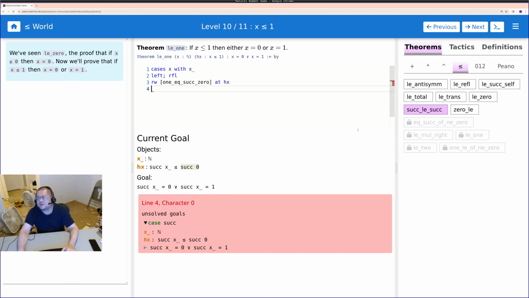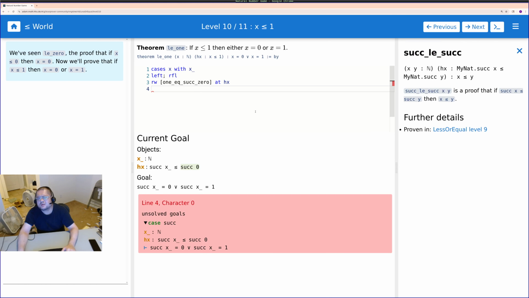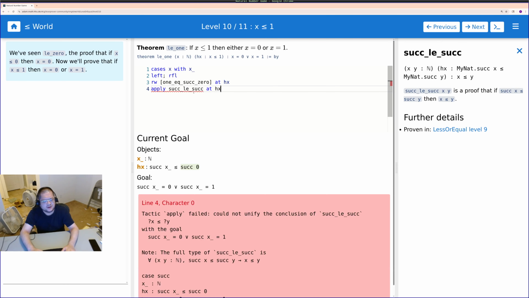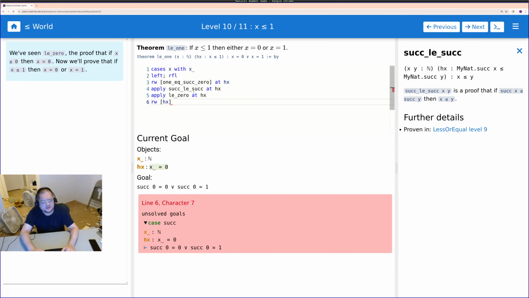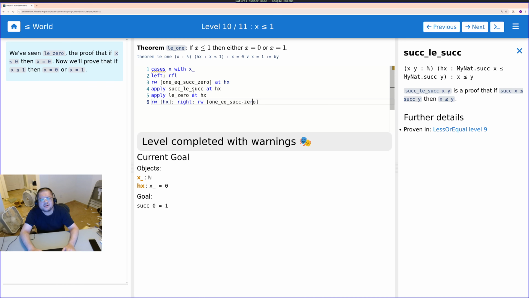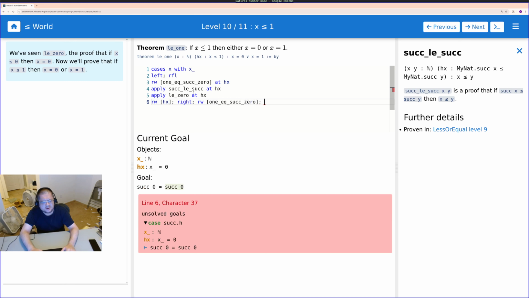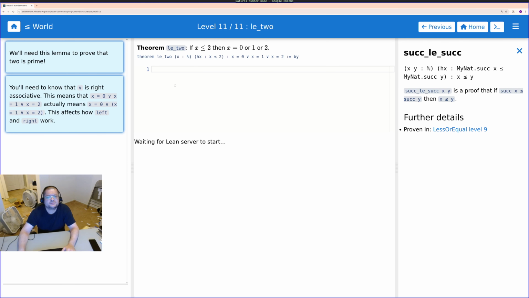And there's some lemma here. I think this is exactly it. Apply successor less successor hx. Apply LE 0 at hx. Rewrite hx. So we'll go right and then rewrite 1 equals successor 0. Okay.